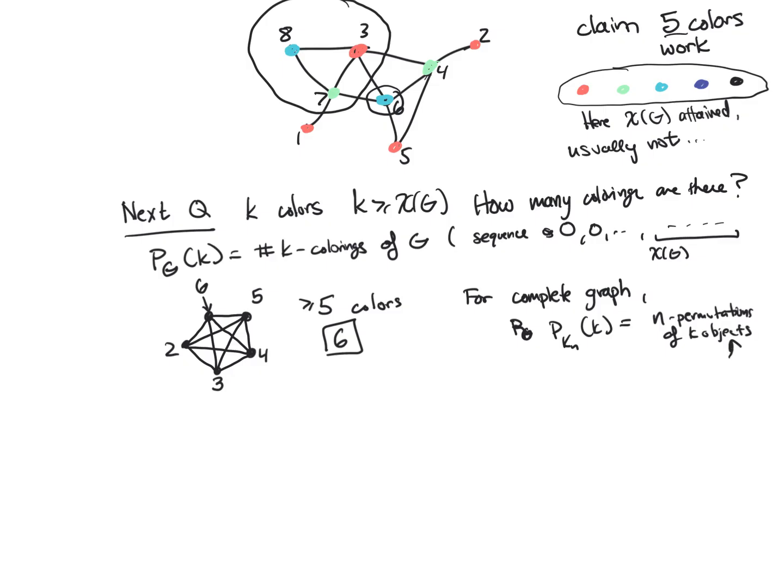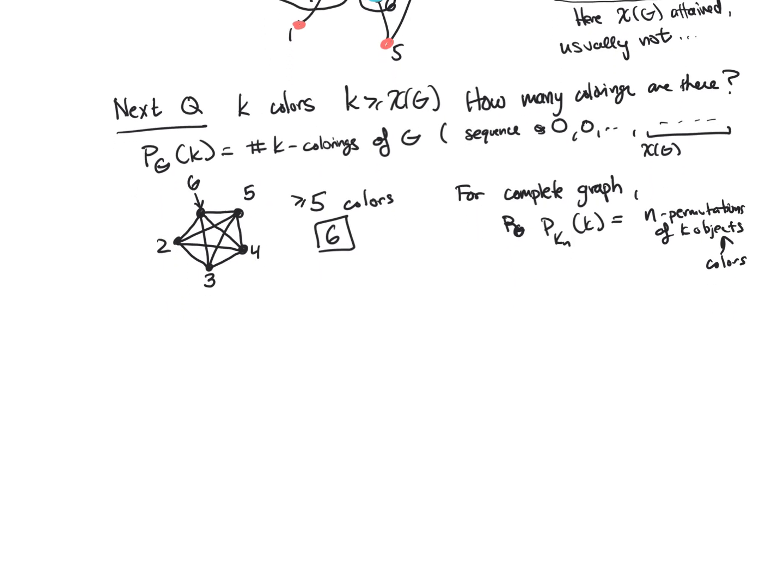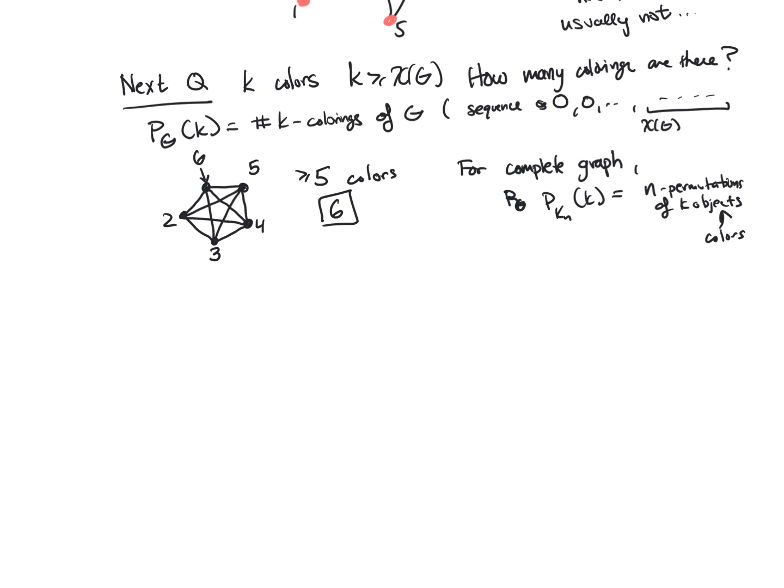The objects here were the colors that you chose. That's one example. So at least in the case of a complete graph, we get something which is familiar to us. Let me do another example.